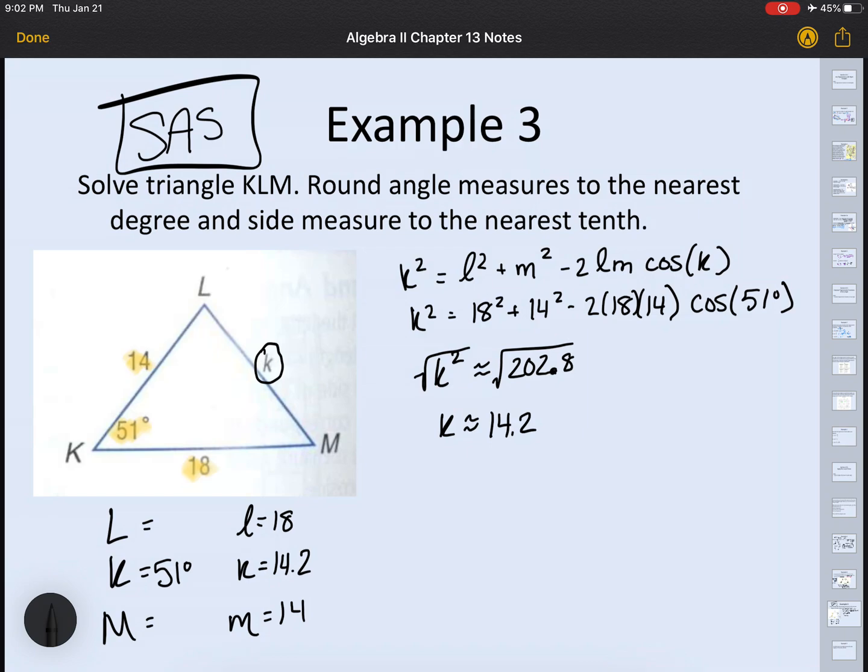So we know all three side lengths now. Now we're going to try to figure out what the angles are.